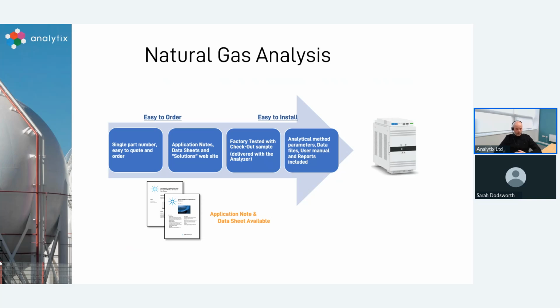We would discuss which components are of interest, and that micro GC would come out with the correct configuration. It would come with a checkout gas that's already calibrated, and application methods that are already set up, so you can literally just turn the system on. It can be run straight out of the box, factory tested with checkout samples, with all of the manuals and reports ready to go within minutes for you.